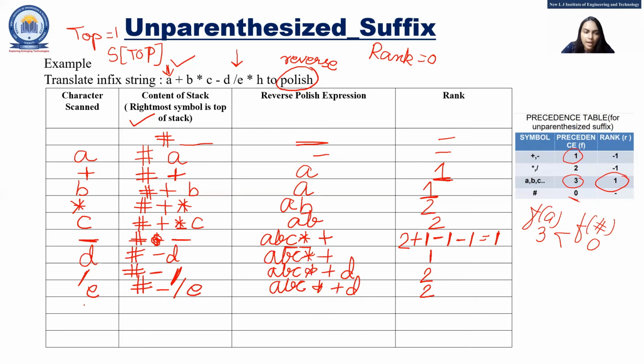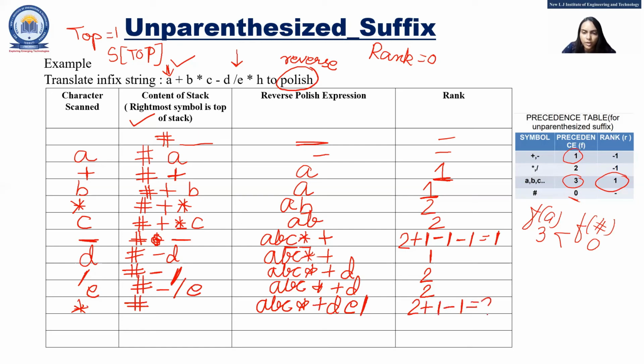Now we have star. So what will be popped, students? As E has higher precedence, it will be popped. So here it will be E, and star and slash have the same precedence. So it will also be popped and we have a slash over here. So we have 2. On adding E, we have 1 and then -1.